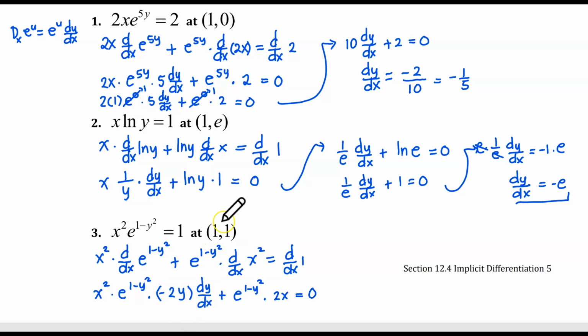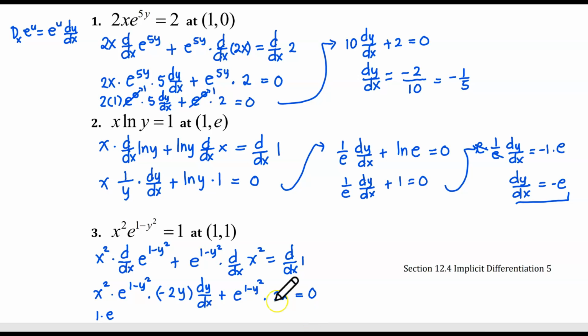Then next is to evaluate it at the point (1, 1). So you replace x by 1 and y by 1. Therefore, you have 1 squared, and 1 squared is 1.